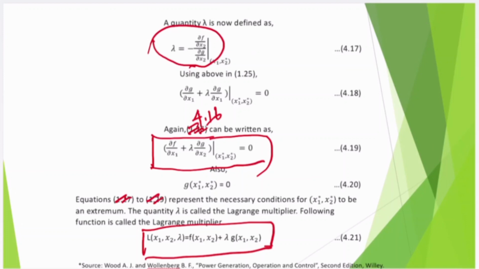Why do we say x1, x2, lambda? Because there are two variables x1, x2, but lambda is also a variable. So totally there are three variables. In a two variable problem, you will have three variables including lambda, which is nothing but my objective function f of x1, x2 plus lambda times g of x1, x2. So this is the objective function with the Lagrangian multiplier.